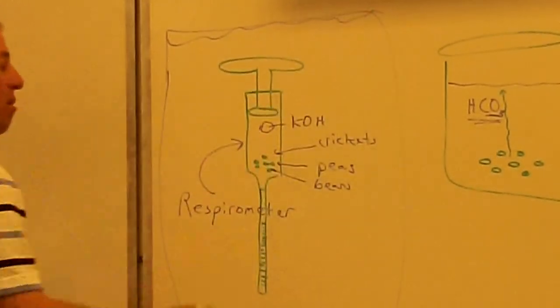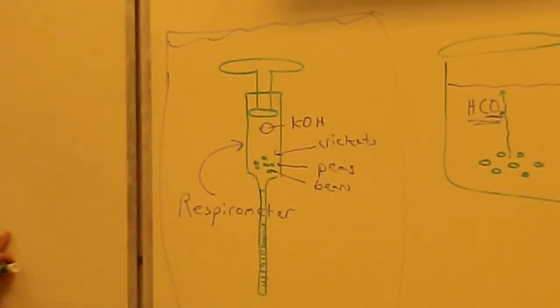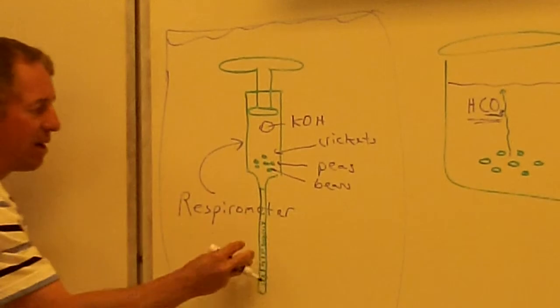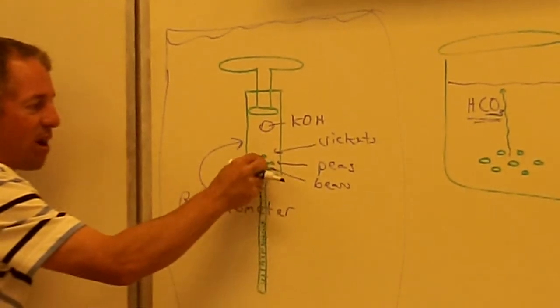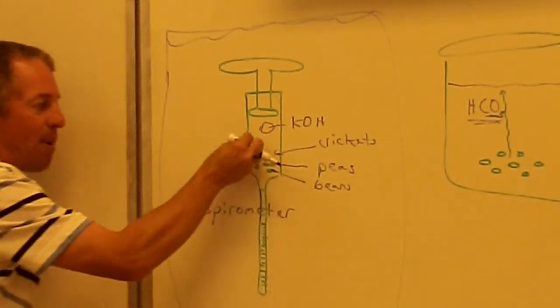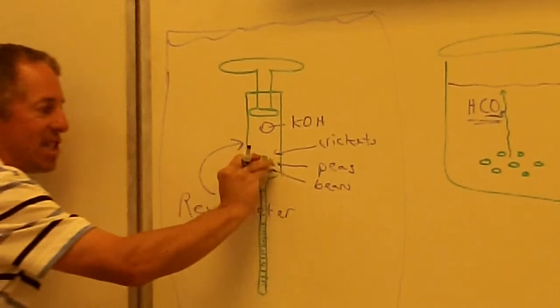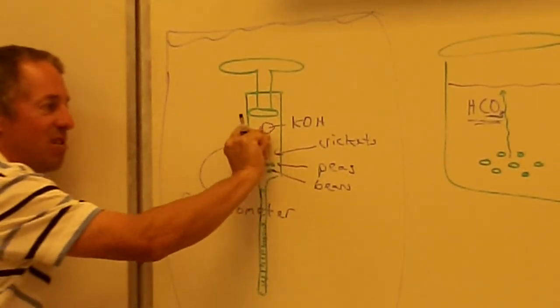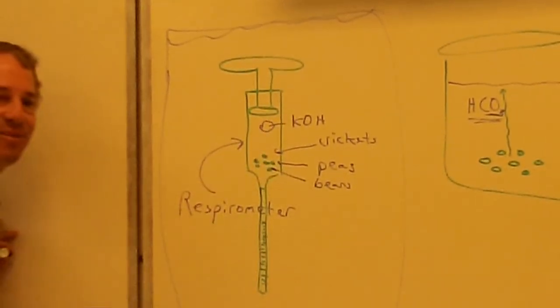Put it in a big beaker. What's going to happen as these little guys do respiration and take up oxygen from the air and spit out CO2, but the CO2 is absorbed by the KOH?